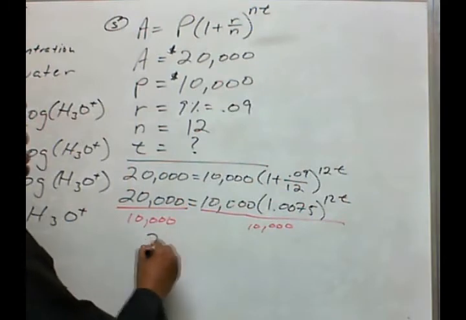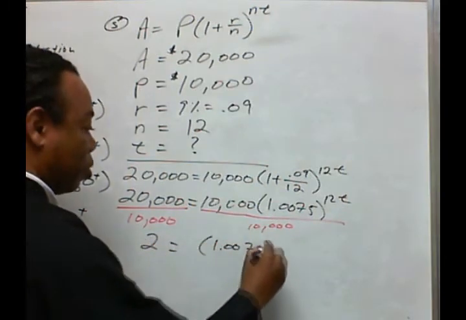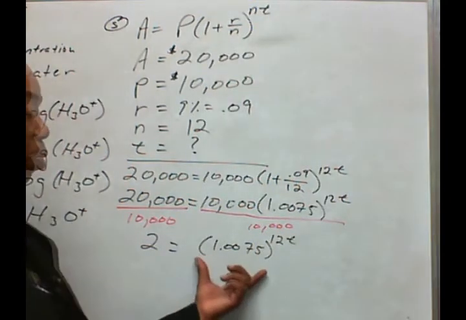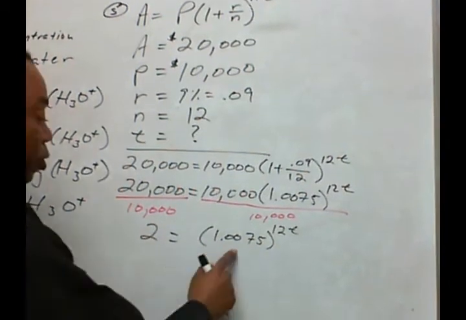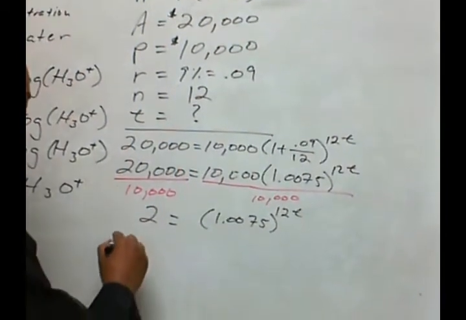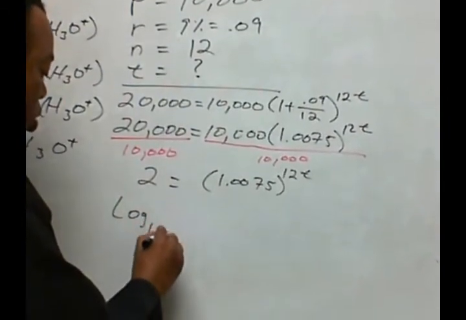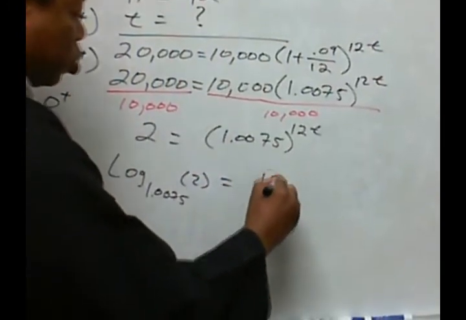This will give us 2 equals 1.0075 to the 12t. Now to get rid of the base, we'll use our property number 1, which means this will be a log with the base of 1.0075 of 2 equals 12t.